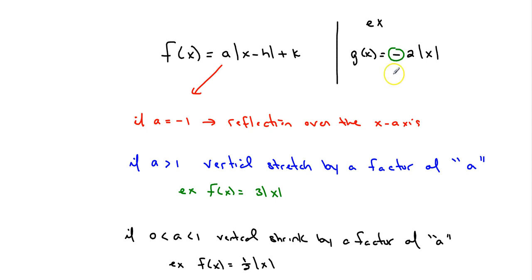I'm going to take a look at this as a negative sign. That's my a is equal to -1. And I'm going to look at the 2 separately. And this is my a is greater than 1. So the -1 is a reflection over the x-axis. And the 2 is a vertical stretch. So it's still going to be a stretch, just reflected over the x-axis.